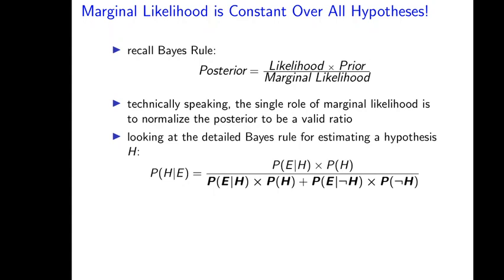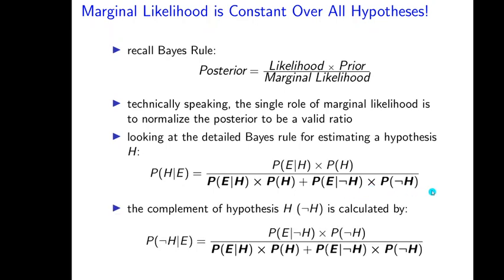Here, if we estimate the posterior of h given E, we will have the definition of marginal likelihood equals the probability of E given h times probability of h plus probability of E given not h times probability of not h. If we want to calculate the complement of this hypothesis or the complement of this posterior, we notice that the change will happen in the numerator, but the denominator, or the marginal likelihood, gives the same value.